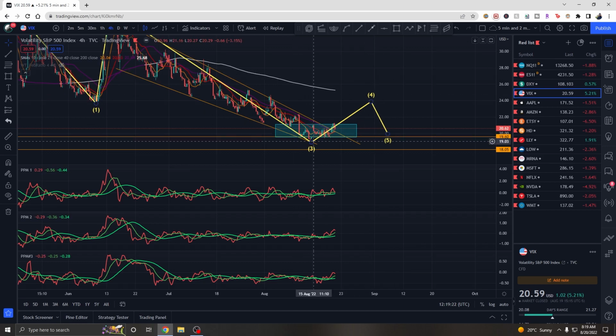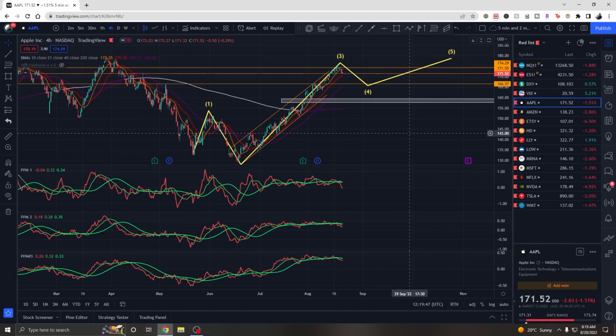But I think this will add more choppiness, more volatility in the market, and this sideways action might continue, or even if we get a breakdown below 19, I don't think it's possible, but anything can happen. Right now I'm seeing the consolidation and a move higher from this price action.